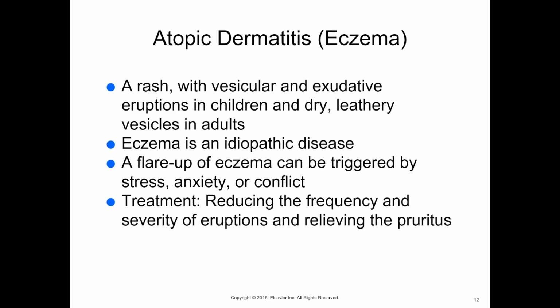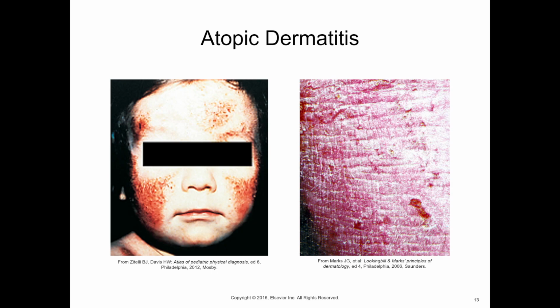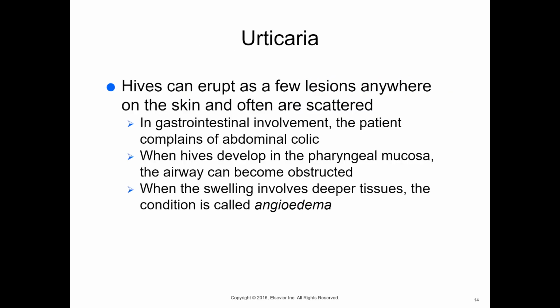Individuals can have flare-ups of eczema from stress, anxiety. You could get into an argument with a friend and have an eczema flare-up. In reality, treatment involves removing those stressors. And eczema can't really actually be defeated by medication as of this moment. So this is what atopic dermatitis looks like here.